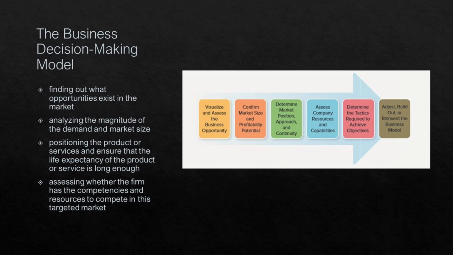The fourth one is assessing company resources and capabilities. The fifth one is determining the tactics required to achieve objectives. And the last one is adjusting and building out or reinventing the business model based on the assessment that we did when executing the plans.